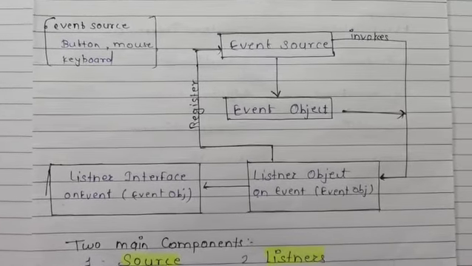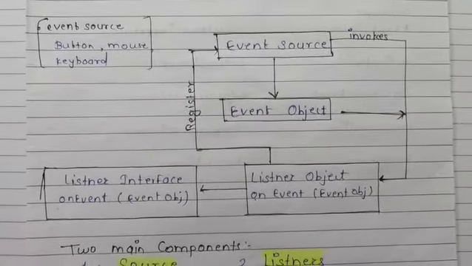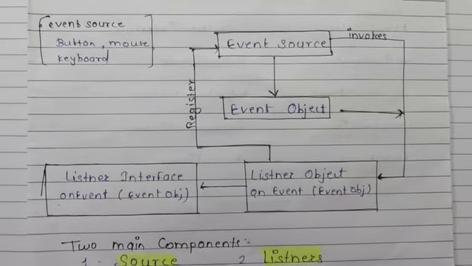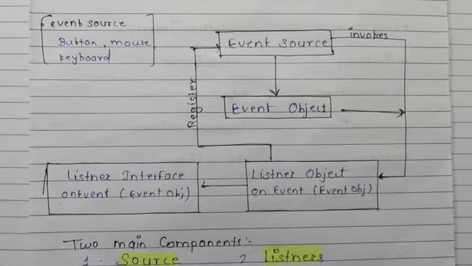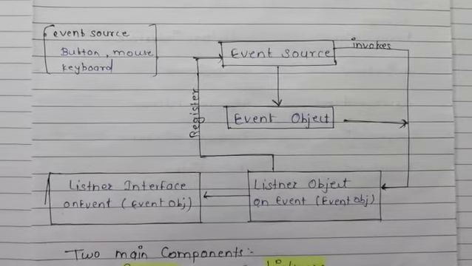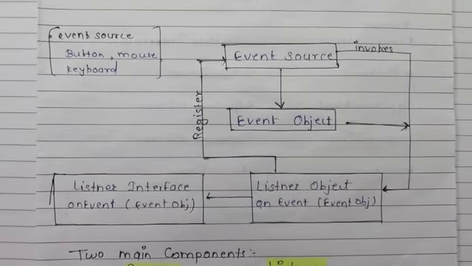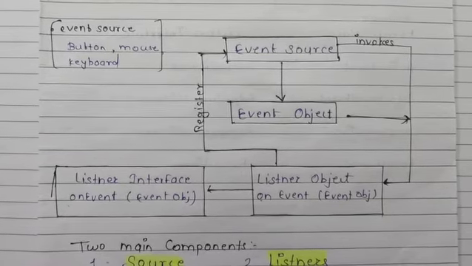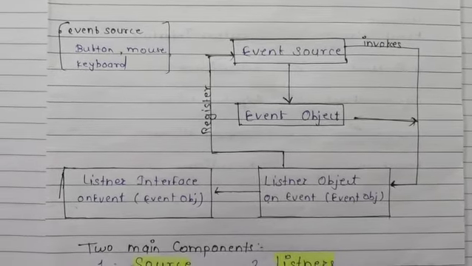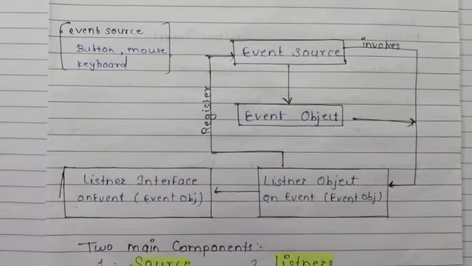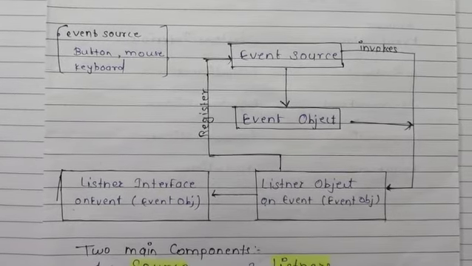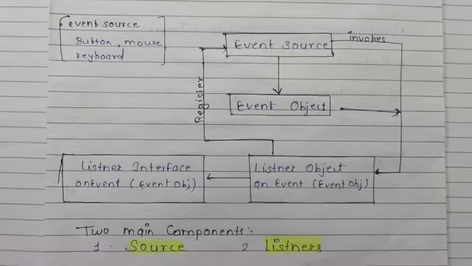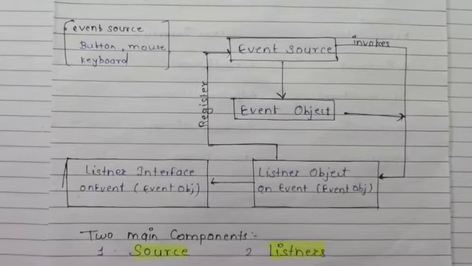It means when an event occurs through the event source, it invokes the listener object, but meanwhile the change in state of that event source is stored in the event object. After the listener object is invoked, it gives the implementation of the listener interface which has abstract methods. This is how all event handling happens.